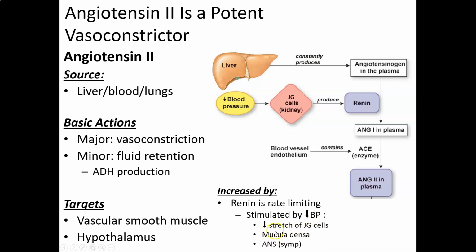The macula densa, through the tubulo-glomerular feedback mechanism, can sense changes in the tubules or the arterioles and initiate that response. So that's another way to change renin. And we also talked about the ANS, which is sympathetic only, and sympathetic stimulation directly causes a release of renin. So those are the ways that we can change the amount of renin we have, which ultimately affects angiotensin 2.